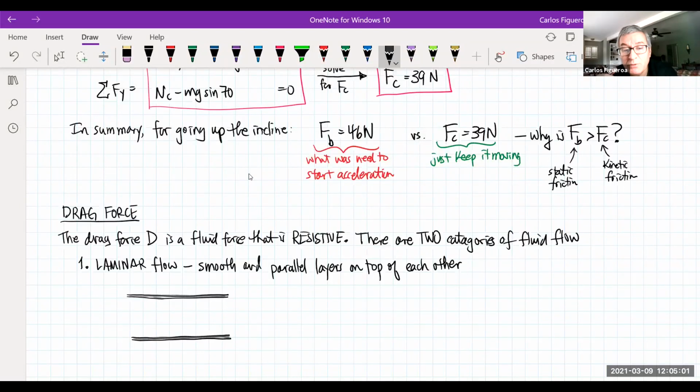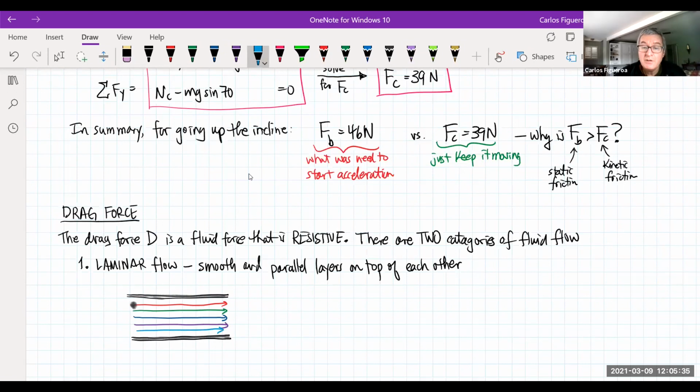That means if I was to put a little particle in the streamline, it would follow this line indefinitely. If I put a tiny piece of object right there, this object would follow this red line. And these lines don't cross each other, and you get this kind of smooth flow.